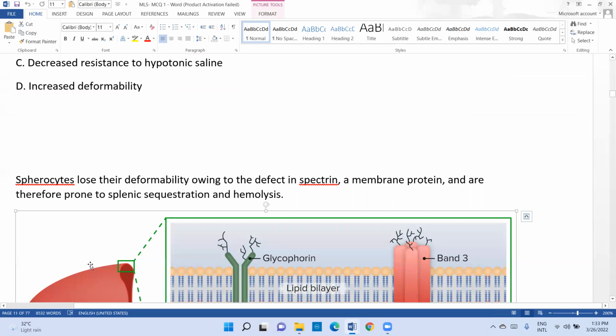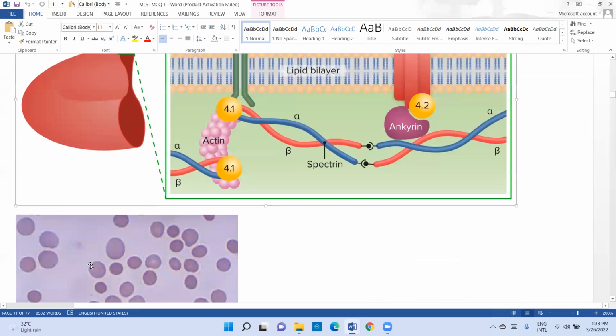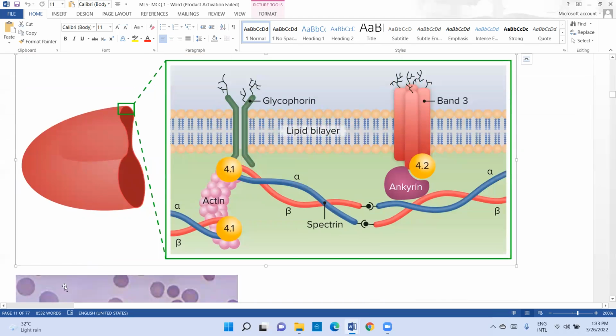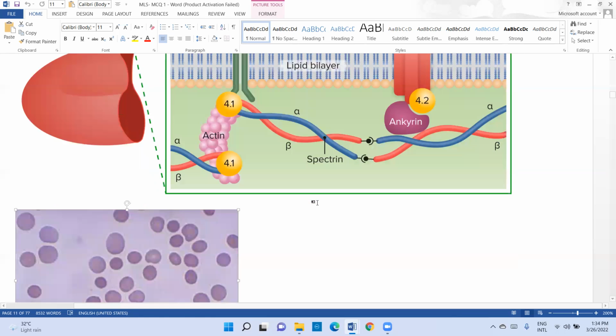This spectrin is an abnormal protein, genetically abnormal. So the cell is identified in the spleen as an abnormal red cell, and the spleen takes part of the red cell, and the result is the spherocyte, as part of the membrane is taken.